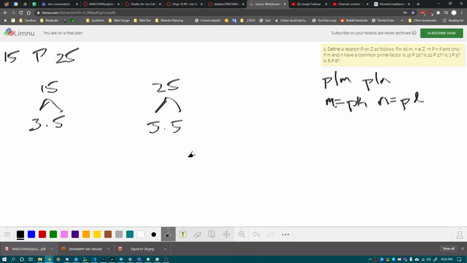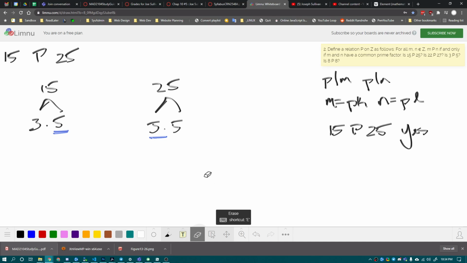Those are both prime factors. And you notice that 5 is prime, and they share a prime. So this statement is true. 15 is related to 25 through P.